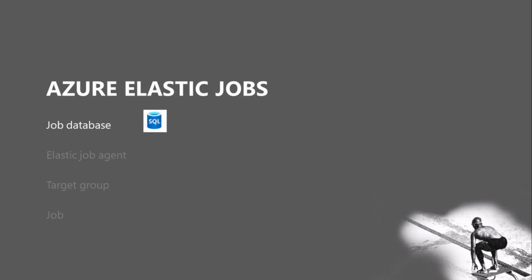Now let's review the main components of Azure Elastic Jobs. So we have the job database, and the job database has to be at the tier standard S0, the minimum requirement for that. It cannot be basic, as that's the lowest tier in Azure.